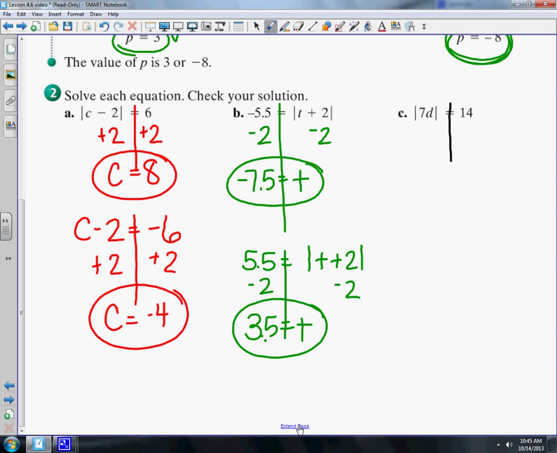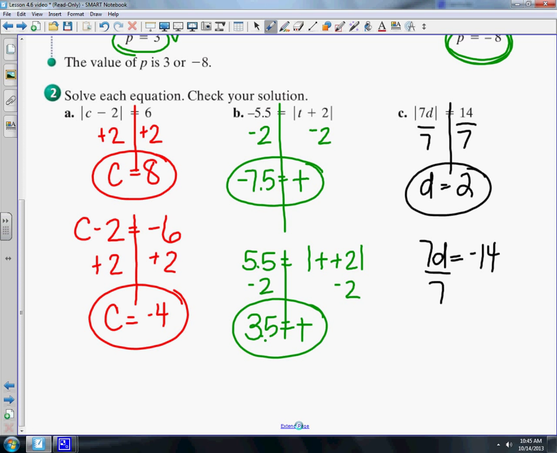And then lastly, if I divide by 7, I get d equals 2. And then if I rewrote this as d equals negative 14 and divide by 7, I get d equals negative 2.